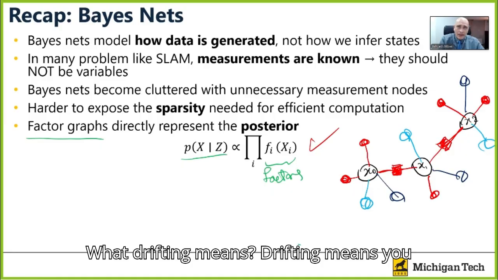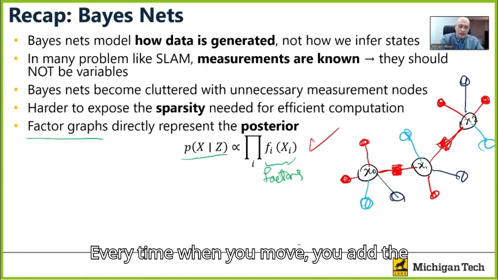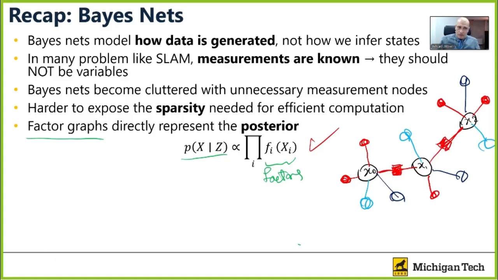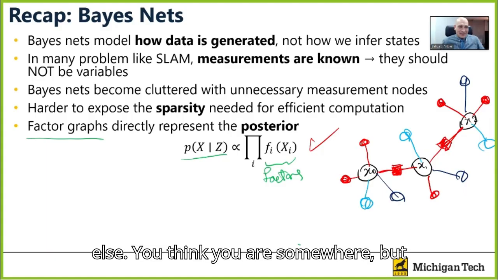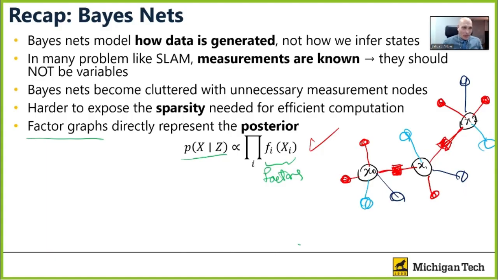What does drifting mean? Drifting means you have additive error. Every time you move, you add the error together. After 100 steps, you are off the grid. You think you are somewhere, but you are not there. You are very far from there.